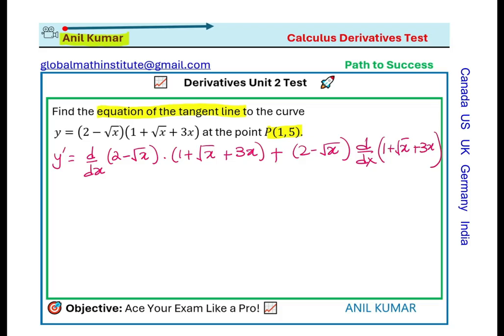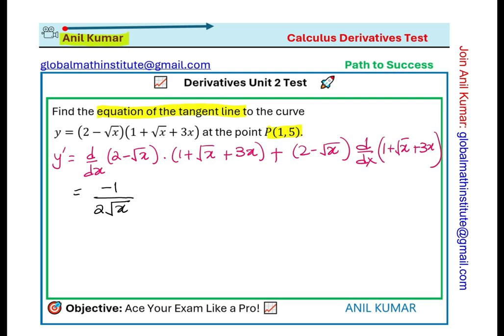The derivative of square root x is 1 over 2 square root x, and minus 1 will give me minus, right? So I'll write minus 1 over 2 square root x. Is that clear to you? Times 1 plus square root x plus 3x, plus 2 minus square root x. And the derivative of 1, a constant, is 0. So this is 1 over 2 square root x plus 3.